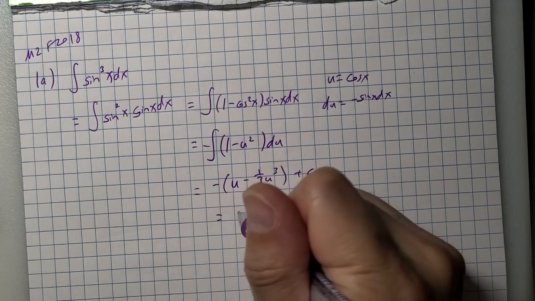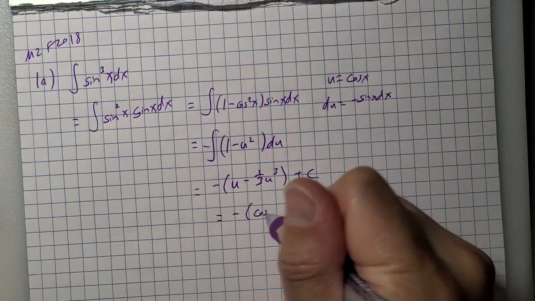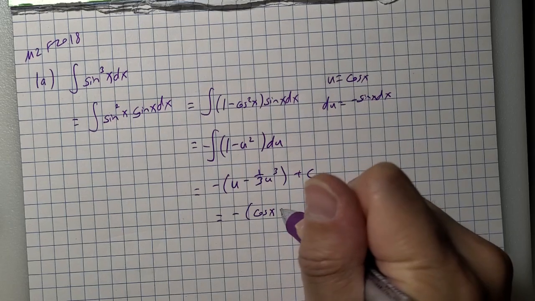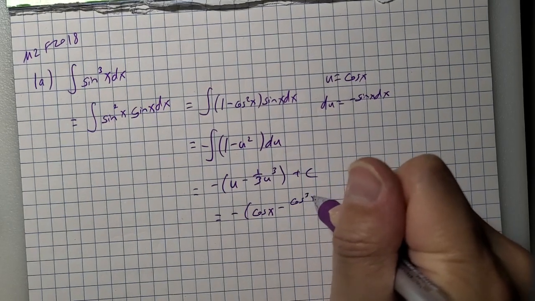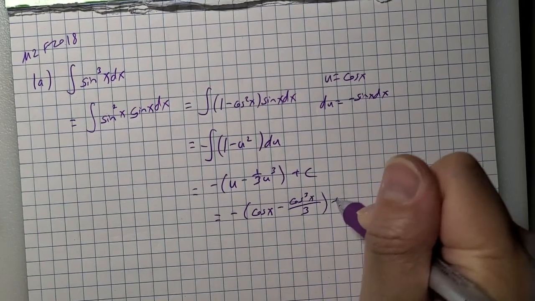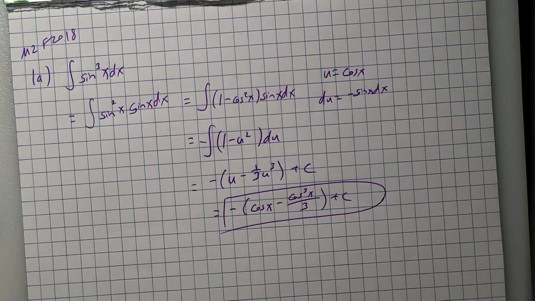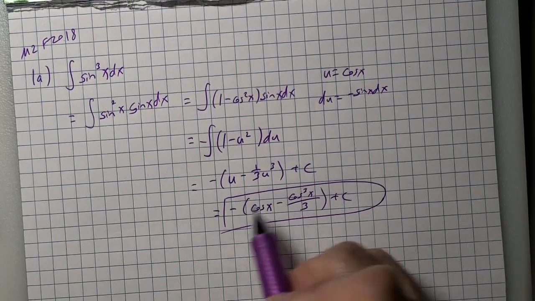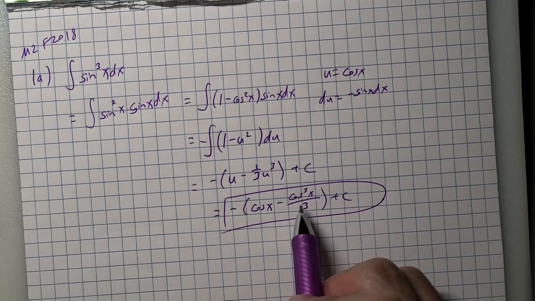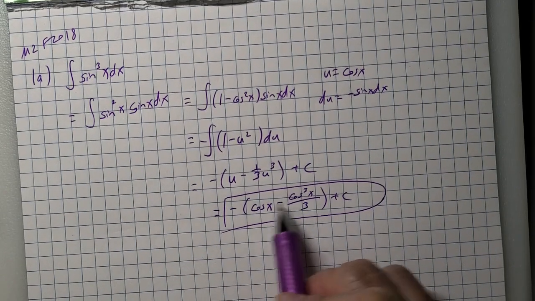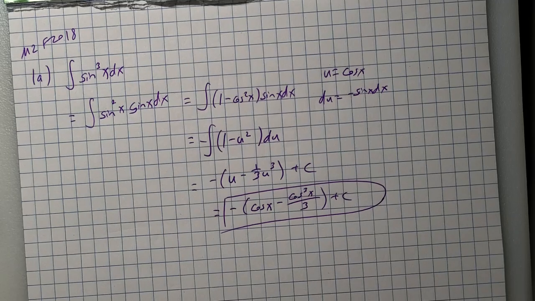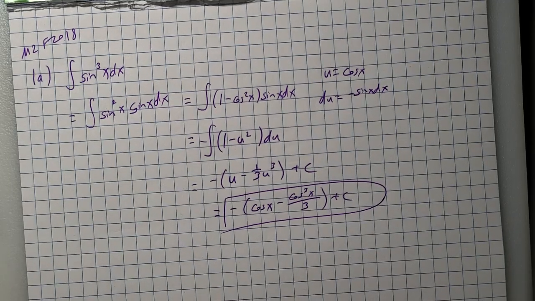Now we back substitute u, so that's cosine x minus cosine cubed x over 3 plus c. So that's your answer right there. Okay, you can of course distribute the minus sign, so it'll be this term minus cosine x plus c. Okay?